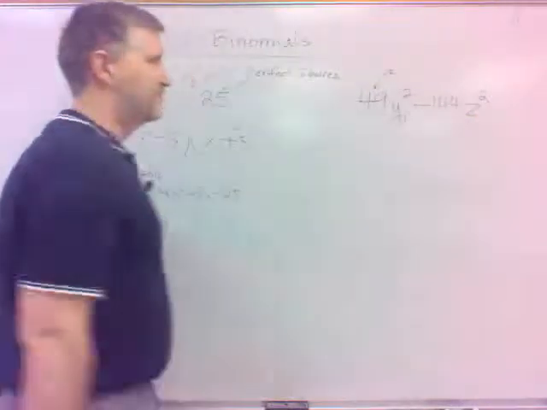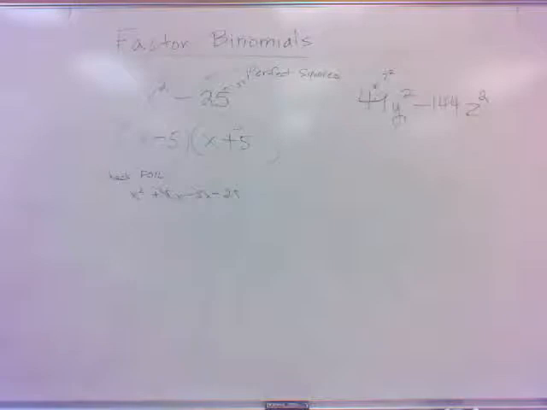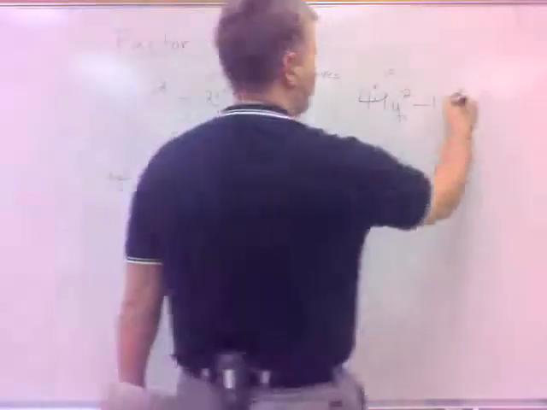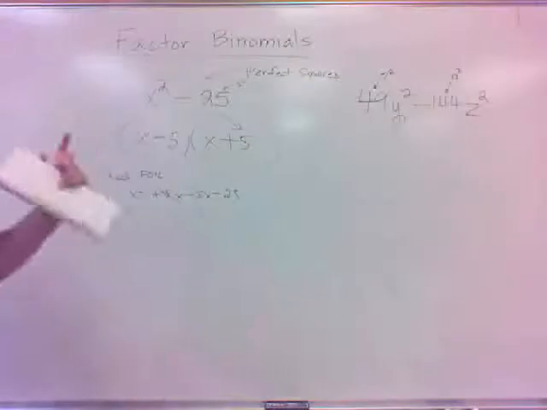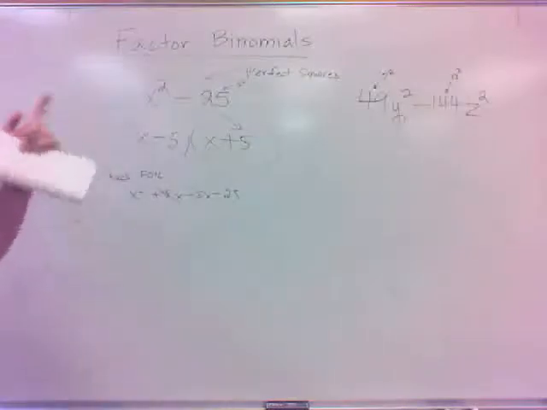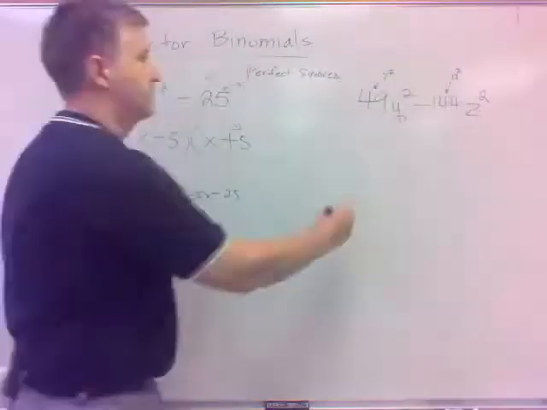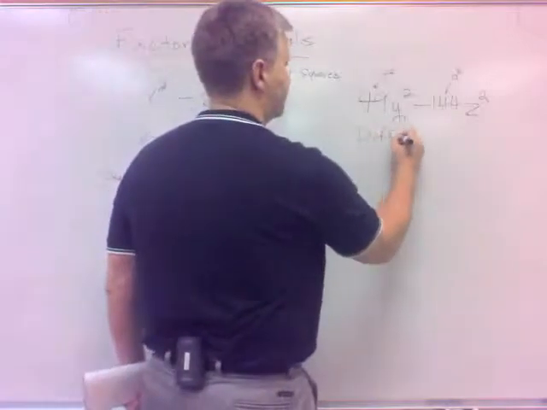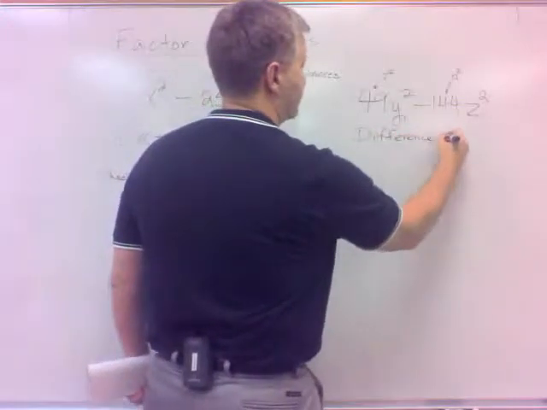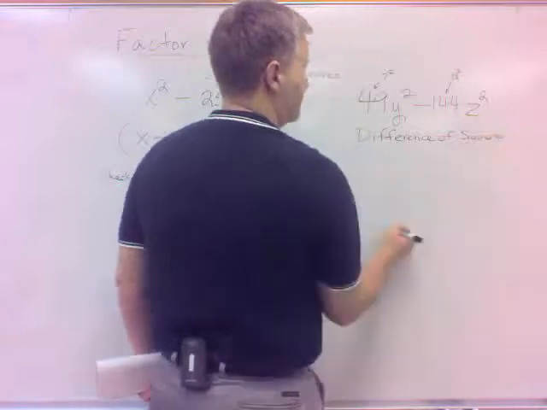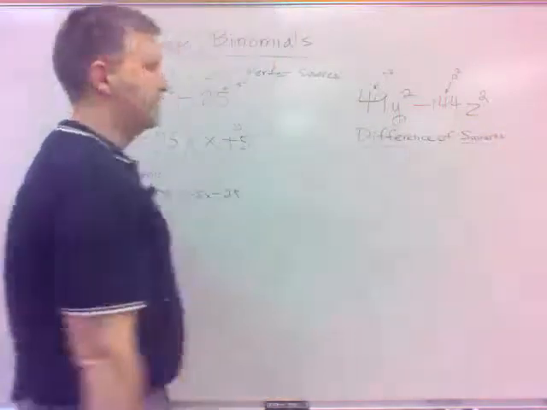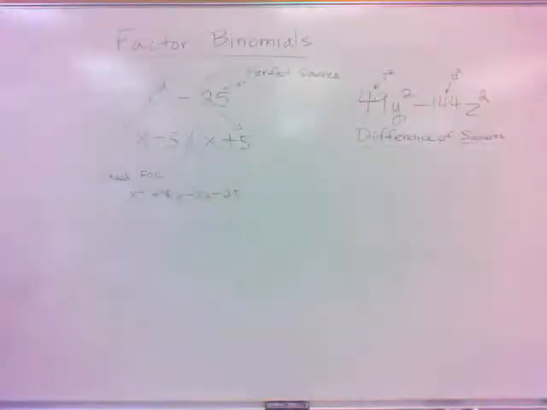It may not be as familiar there. 144? 12 squared? Yeah. And again, the key is, other than those being squares, that it's a difference of squares. There's a minus between them. So we checked it off that it's squares, but we also have to check that this is a minus, a difference between them. And it is.